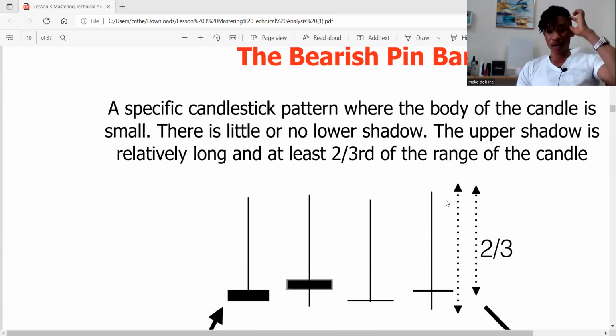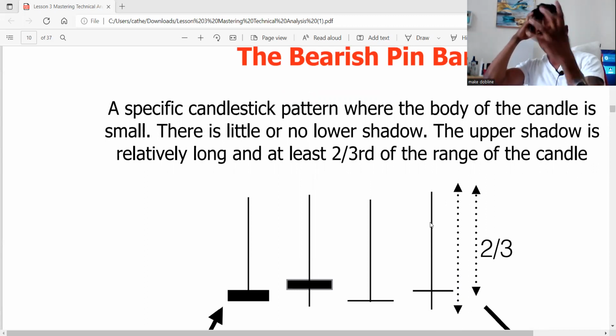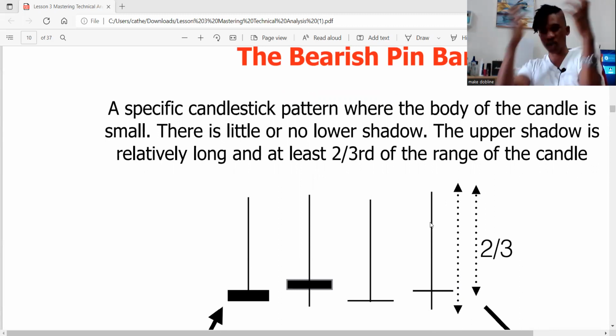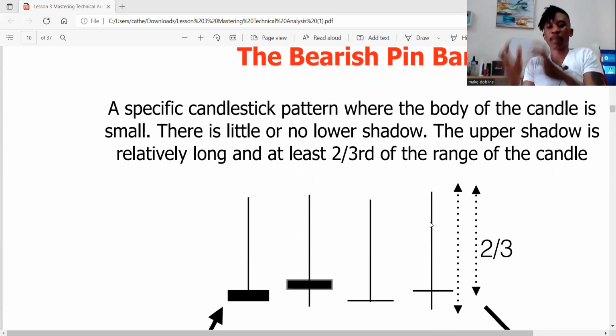You can watch this video as many times as you want, so that you can put these patterns in your head. So when you see these patterns in the market, you will know what this pattern is trying to tell you: that the market is about to continue going down.